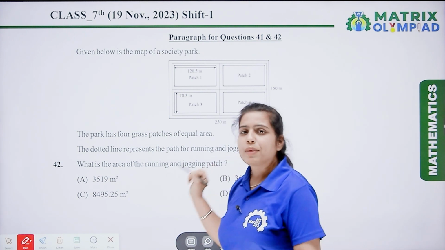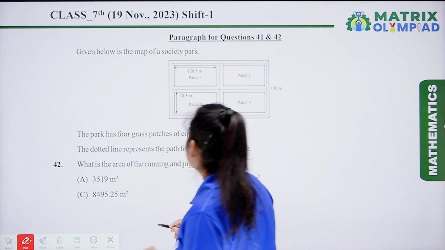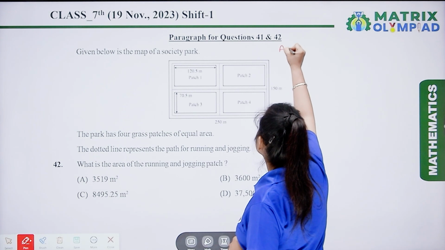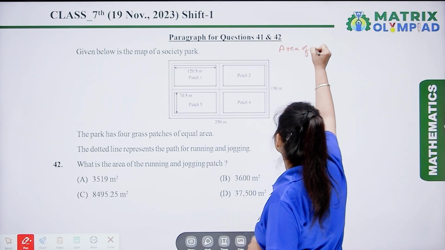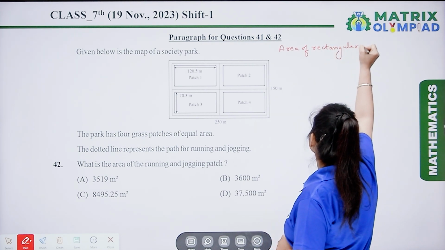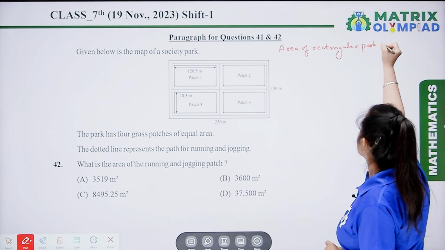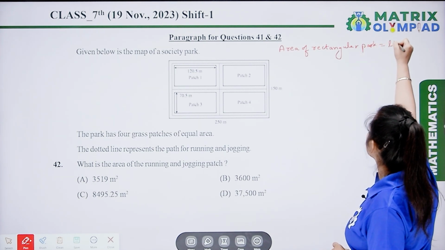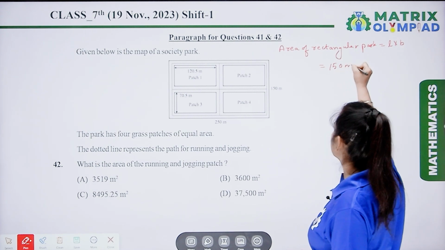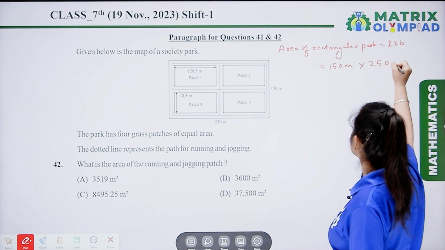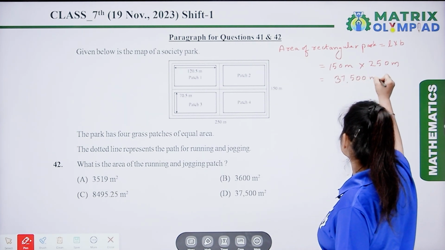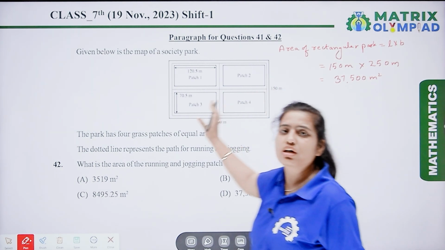In this map, the park is of rectangular shape, so first of all, we are finding the area of the whole rectangular park, that is L into B. So let's multiply 150 meter by 250 meter. After calculation we get 37,500 meter square. So this is the total area of the park.